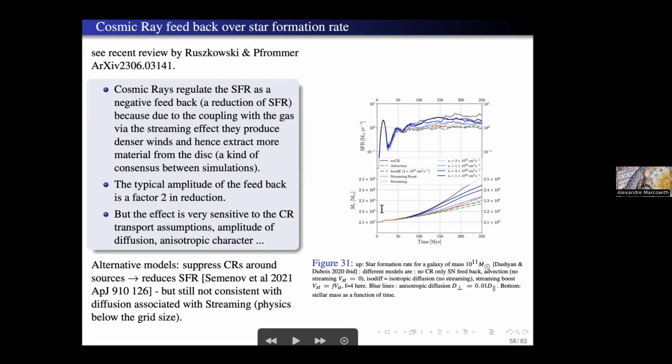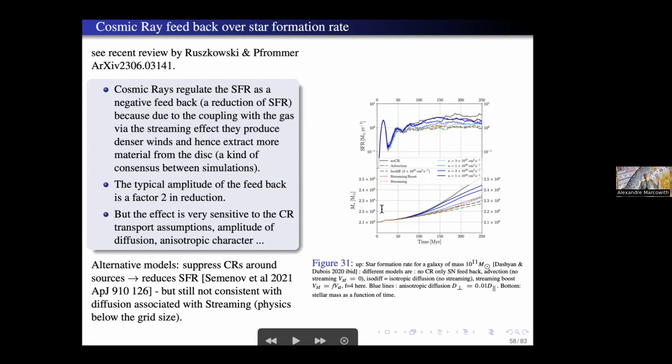But if you have a very small one or a zero, you have a strong coupling between the gas and cosmic rays. And so the cosmic ray pressure will participate in counterbalancing, let's say, even the gravitational collapse. So systematically, you find a lower star formation rate for smaller diffusion coefficients.